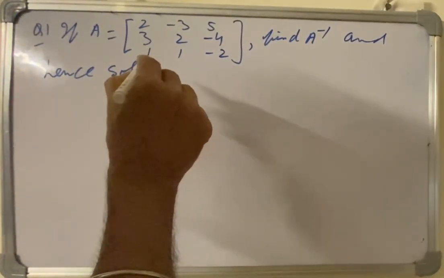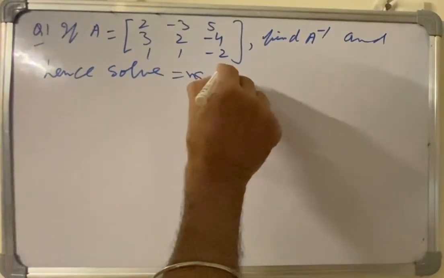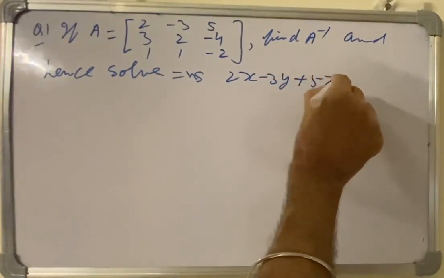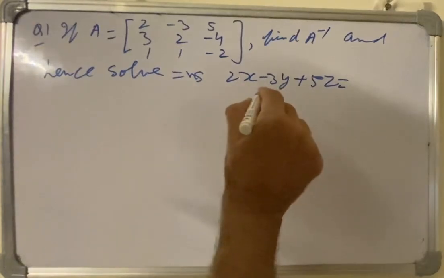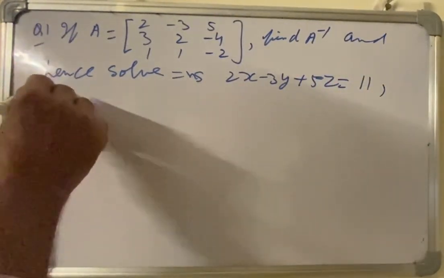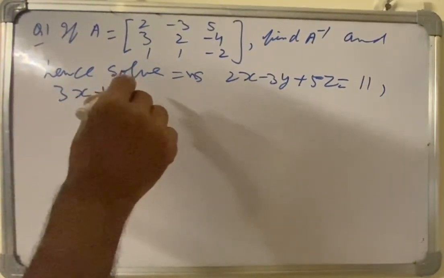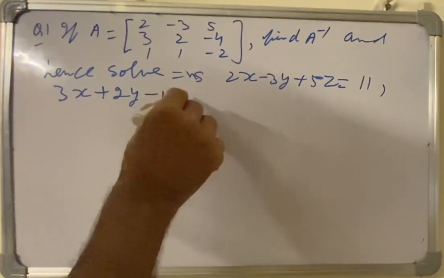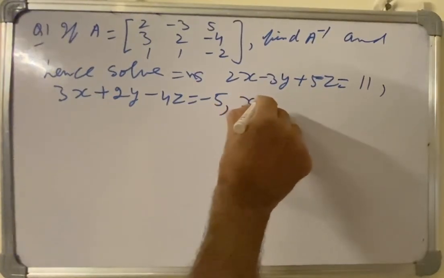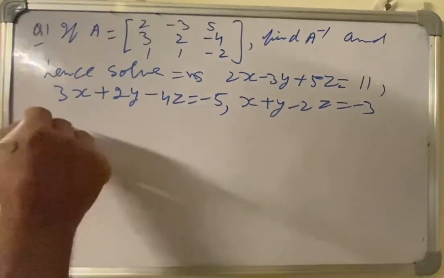equations 2x minus 3y plus 5z is equal to 11, then 3x plus 2y minus 4z is equal to minus 5, x plus y minus 2z is equal to minus 3.